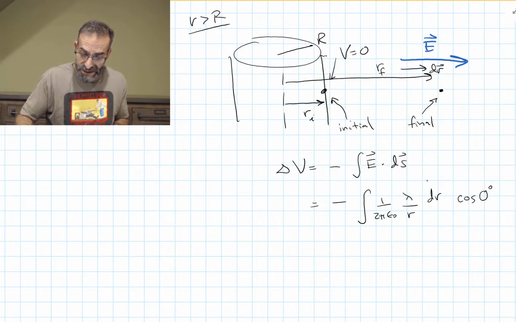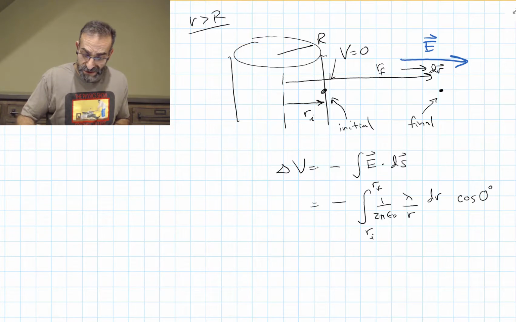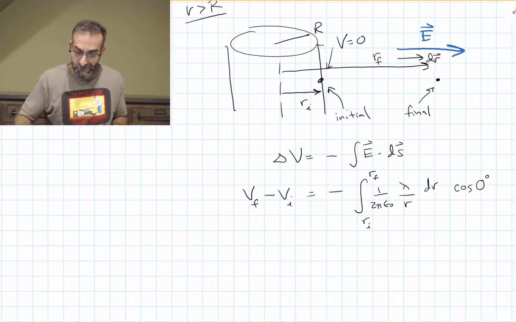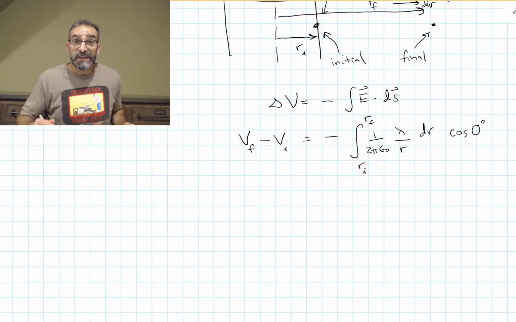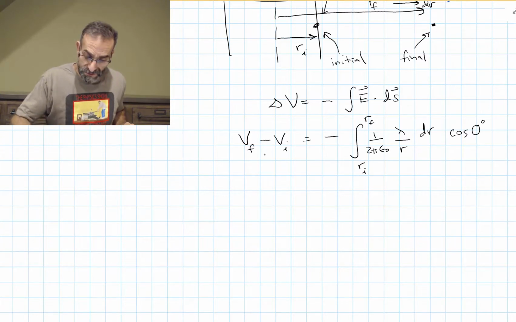And our limits of integration are from our initial to our final, always from the smaller number to the bigger number when you're doing limits of integration. Delta V is going to be our final potential minus our initial potential. We know our initial potential is 0. That's where we're starting. So on the left side of our equation, we're going to have a V final.